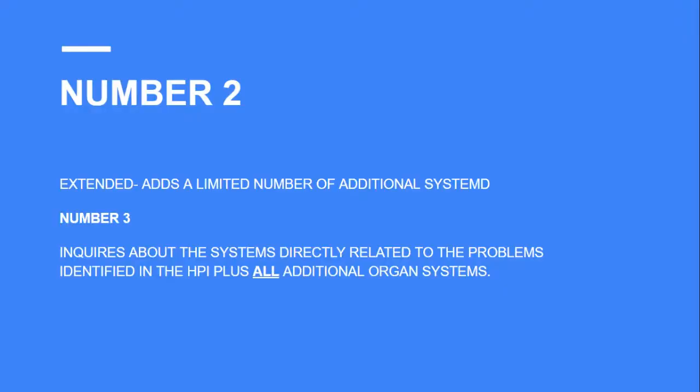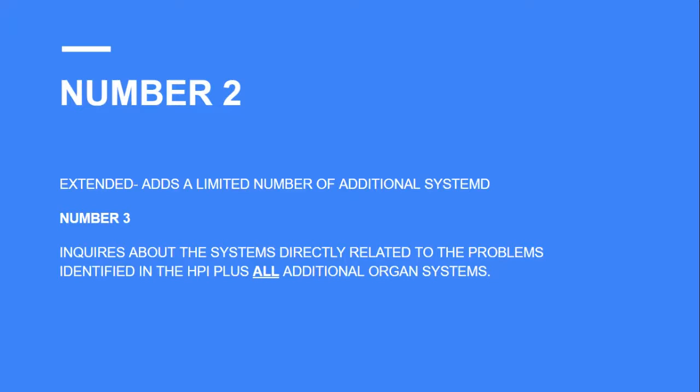Number 2, extended, which adds a limited number of additional systems. Sorry about the typo there. It has a D, it should be an S on system. What if we tried the musculoskeletal, but then we needed to branch out into the neurologic, the nervous system?